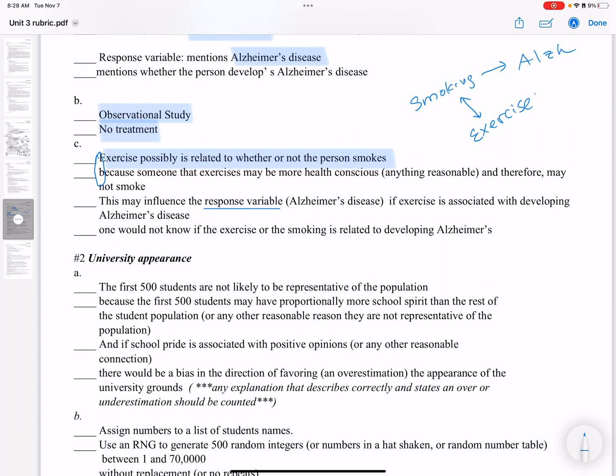Not arrows on both sides, but just on this side. If I exercise, I might not smoke. If I exercise, I might not develop Alzheimer's. So is it the no smoking that's causing the reduction in Alzheimer's? Or is it the exercise that's causing the no smoking and causing the reduction of Alzheimer's? And that's what a confounding variable is.